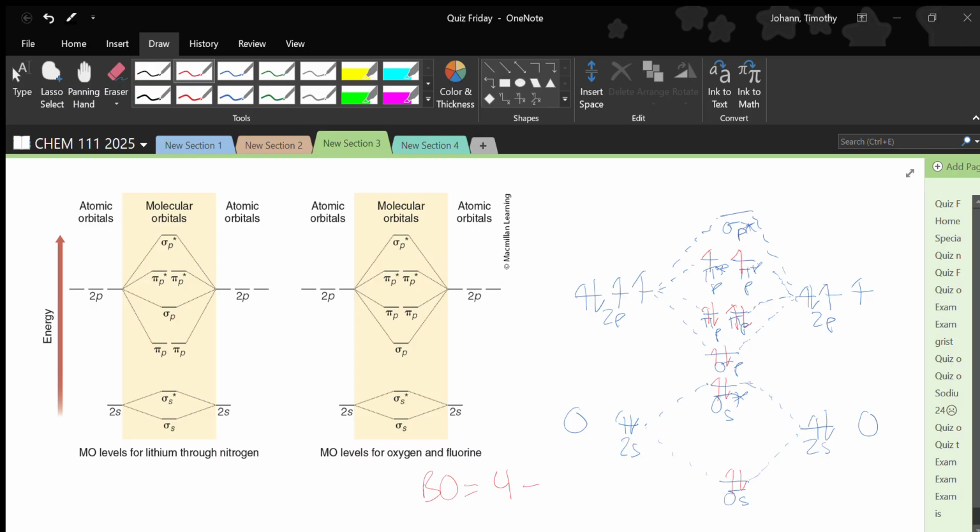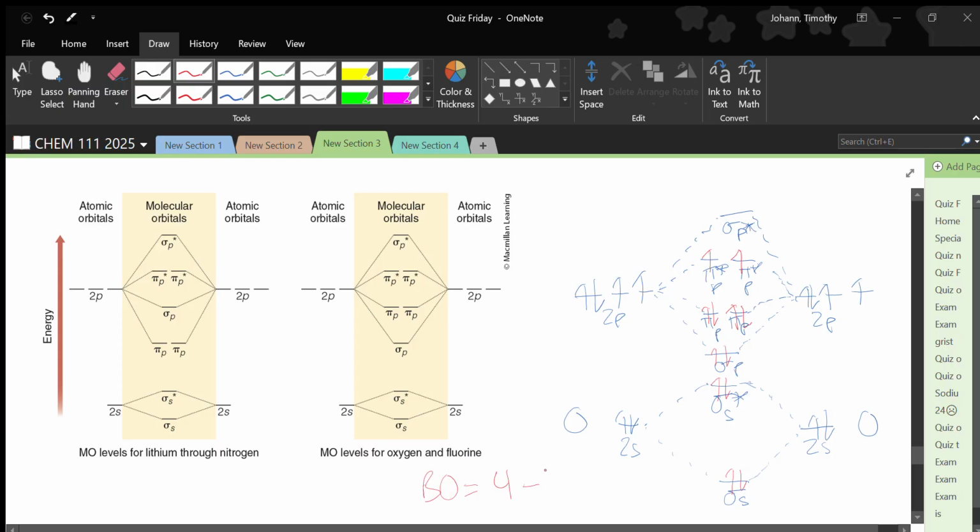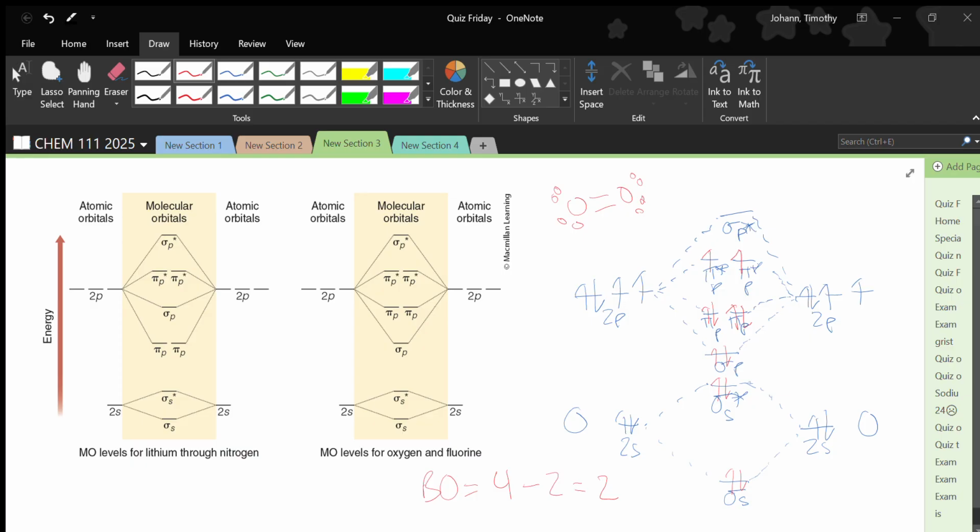Does that make sense? So minus 2 equals a bond order of 2. That's the same number of bonds that we've seen from our Lewis dot structure. Oxygen has 2 bonds. If you do nitrogen, you will find that it has no unpaired electrons and it has a bond order of 3.